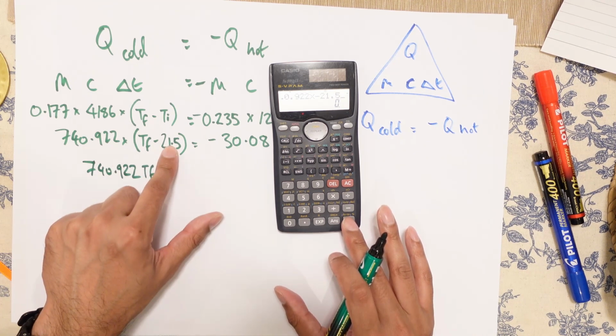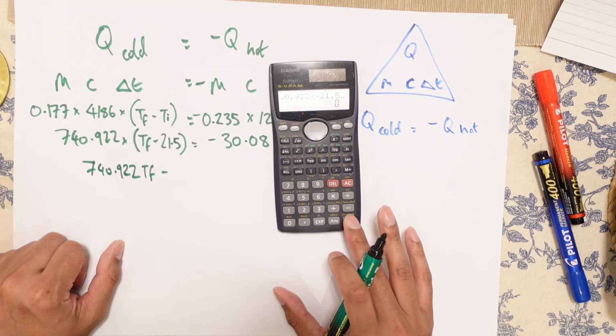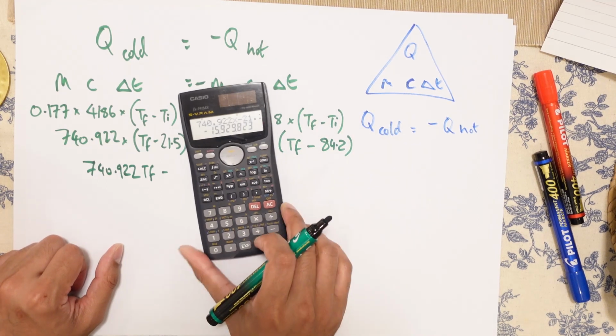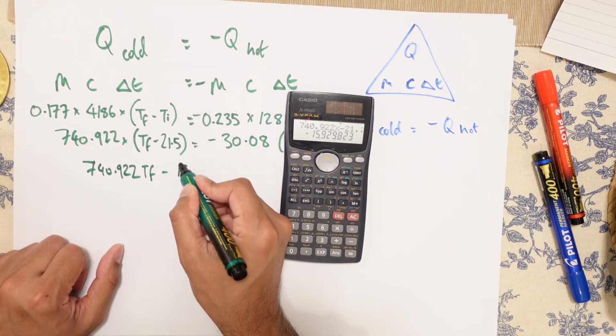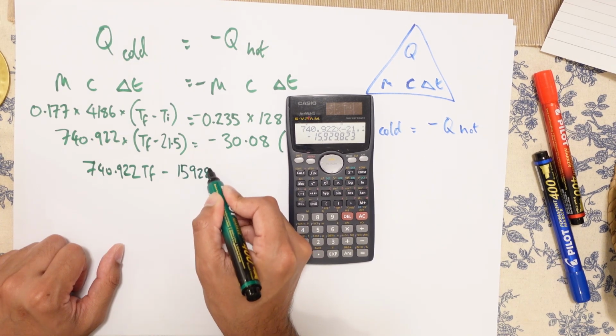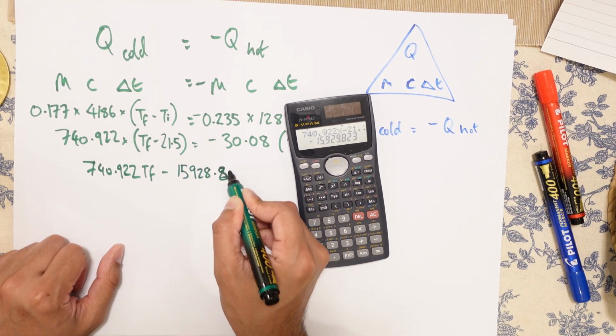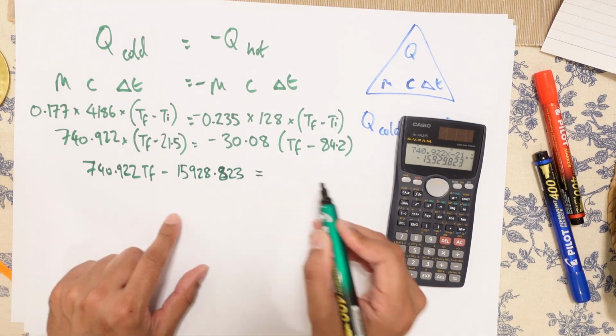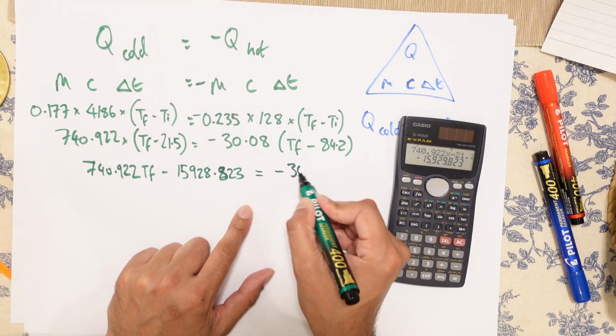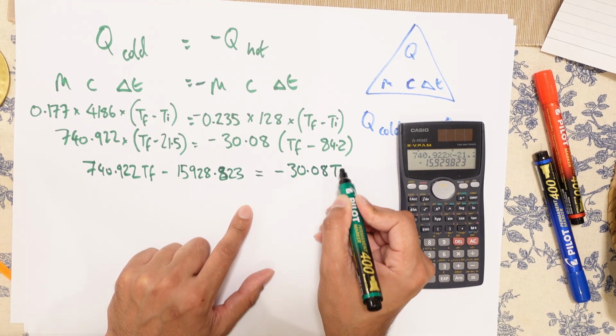So I've done minus 21.5 times that, which is, as you can see, minus 15,928.823, which is equal to minus 30.08 Tf.